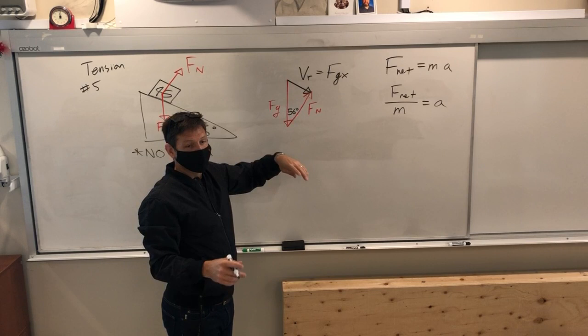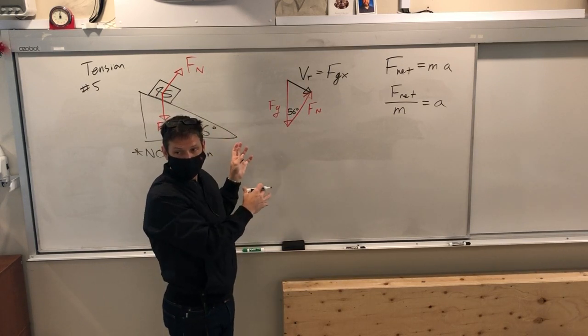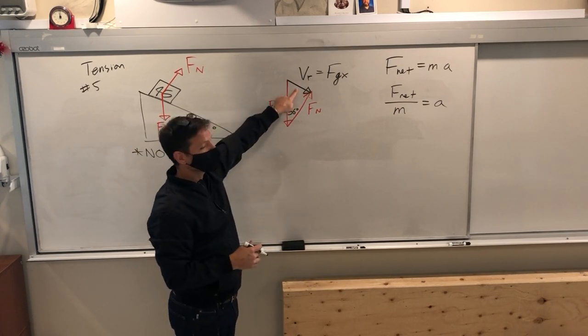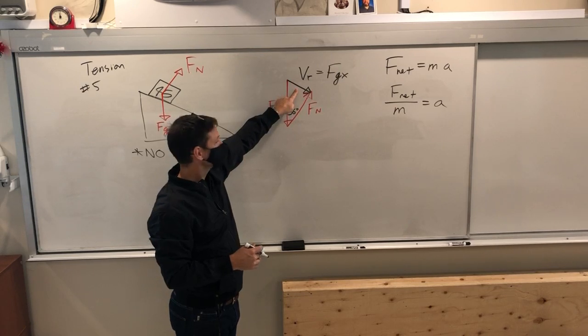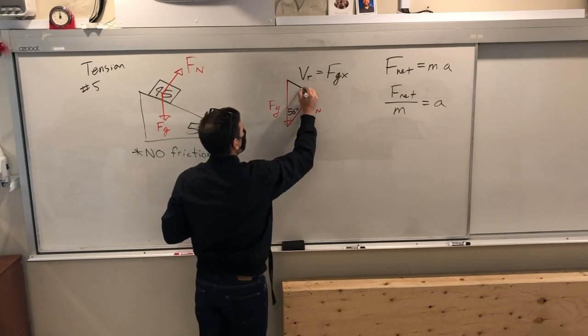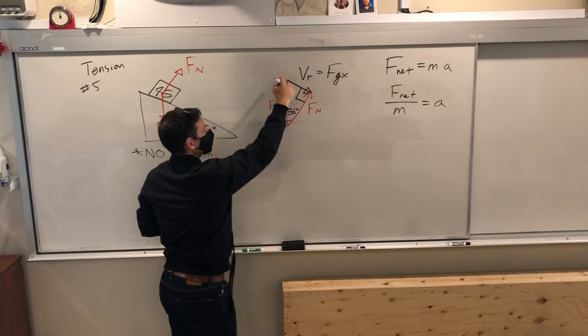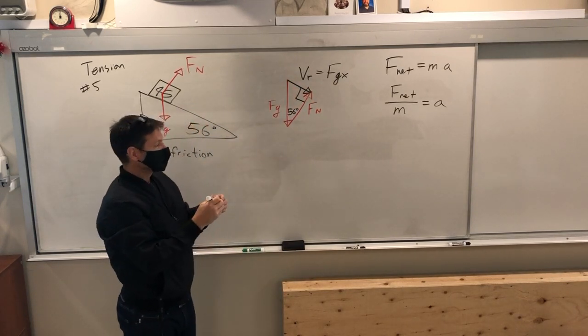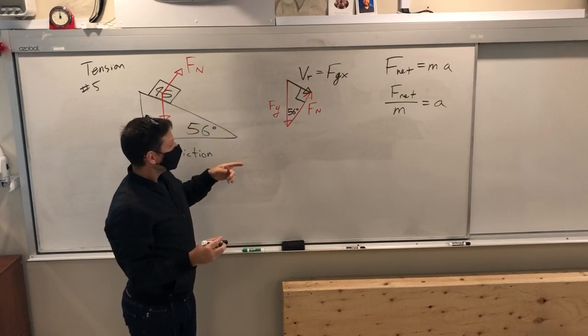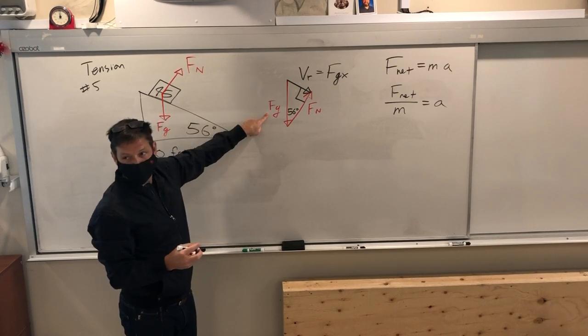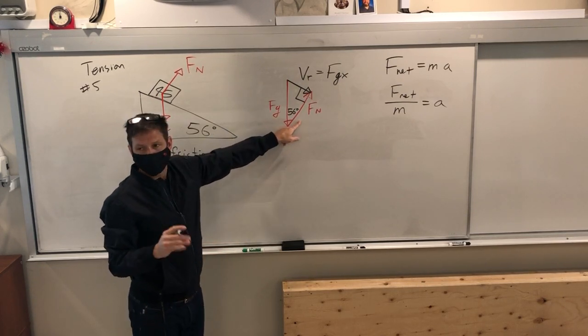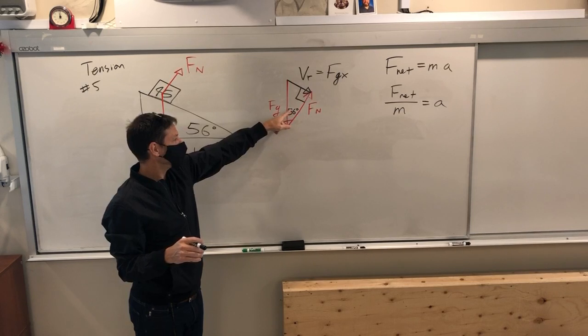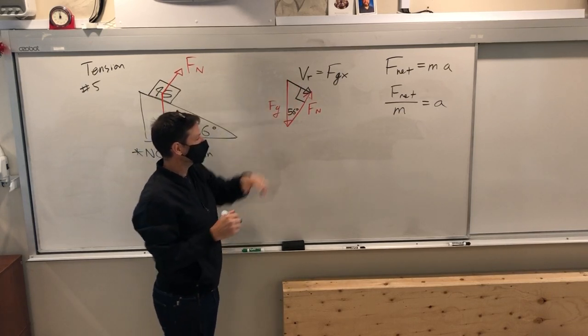The trick is doing the trigonometry to set it up to find this force. So if we say this is a right triangle, we know the force of gravity. We don't know the normal force, but we don't need to, because we have the angle and we have this side, so we should be able to find that side.